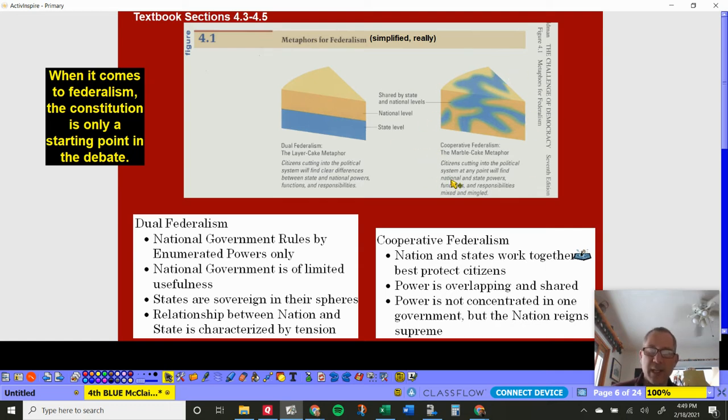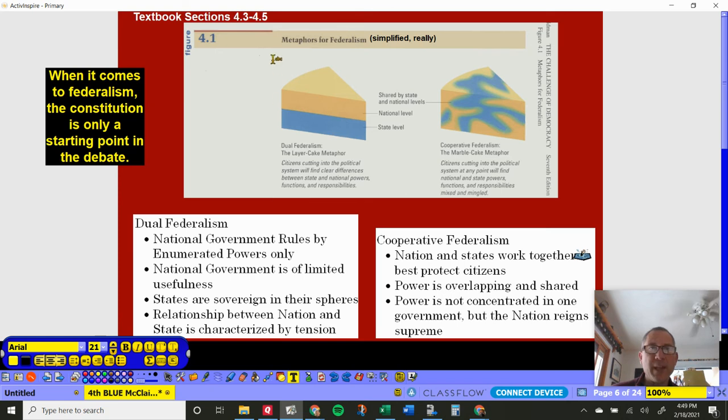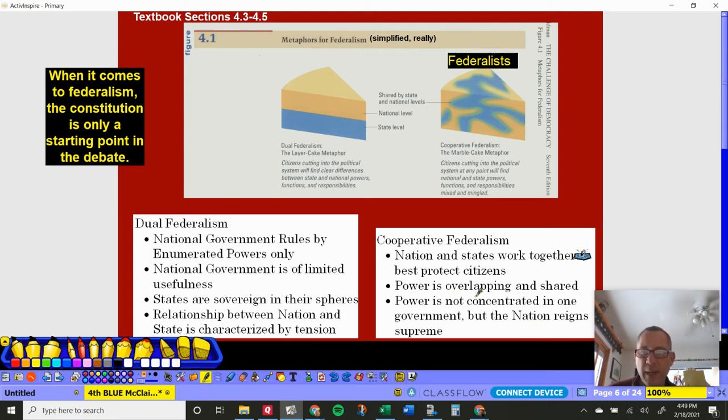Now, the one thing I want to say to you is there are no such thing as Federalists and Anti-Federalists anymore, but since we just finished talking about them, when the Federalists agreed to the Constitution, especially people like Hamilton and Madison, they probably had this in mind, a system where the federal government and the states might work together, and sometimes the federal government gets involved in the state's business, but again, it is the nation that is supreme.